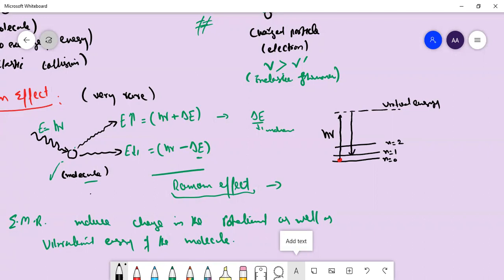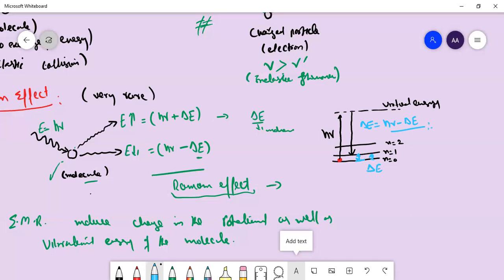Now the molecule will sit in the energy level n is equal to 1, and this much energy, that is the energy difference between n is equal to 0 and n is equal to 1, will be absorbed. Now the energy of this scattered radiation, I can represent it as E is equal to h mu minus delta E, and this much amount of energy is absorbed by the molecule.